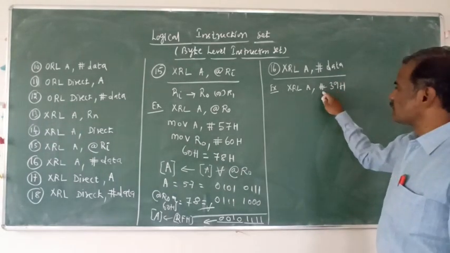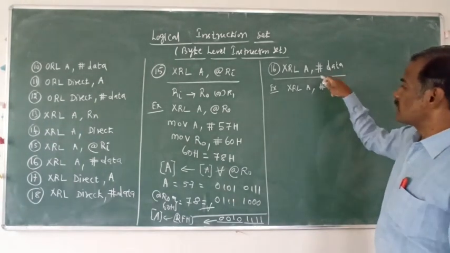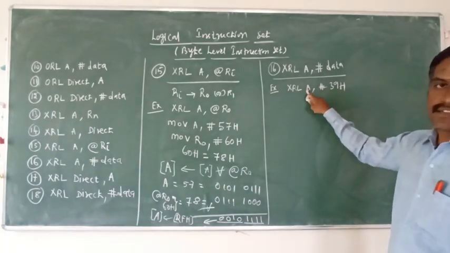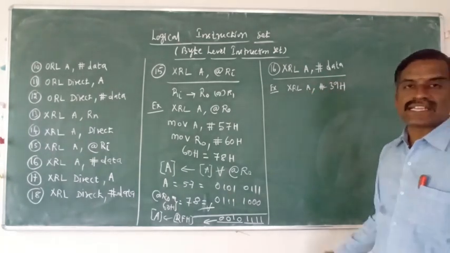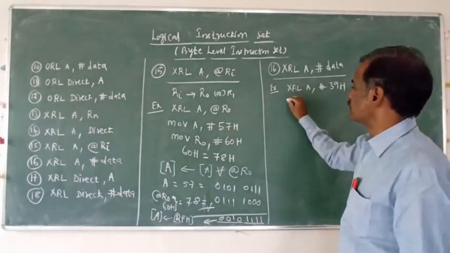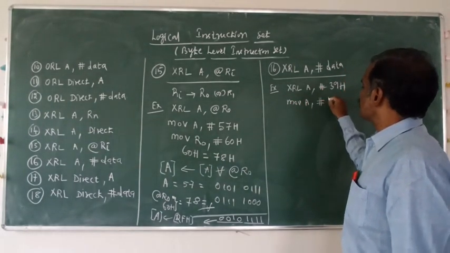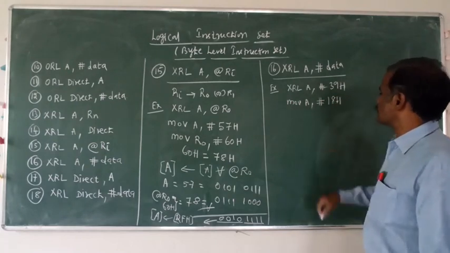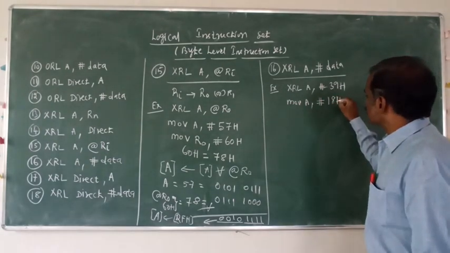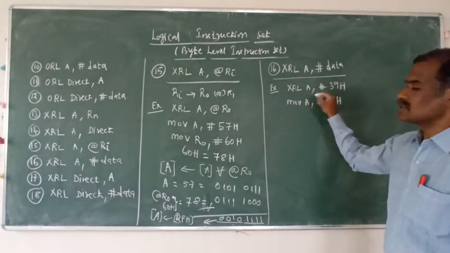Here the data is immediately given and is exclusive-ORed with the accumulator content. First we initialize the accumulator: MOV A, #18H. Now the 18 data is immediately moved to the accumulator.